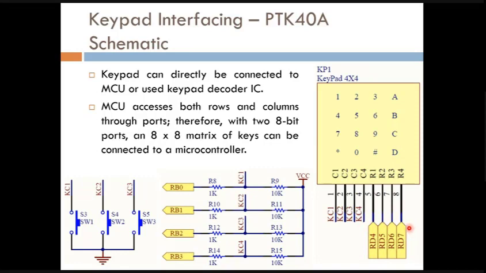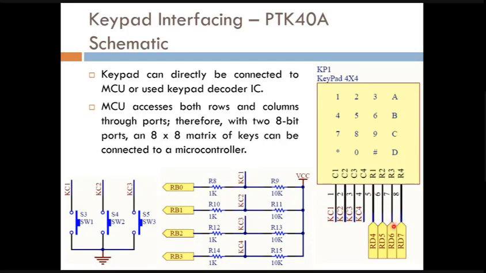The connection is already fixed. And then looking at the column side, so C1 will be connected to RB0, port B, pin 0, and then C2, C3, and then C4 going to the following RB1, RB2, and then RB3. So the connection would be something like this.